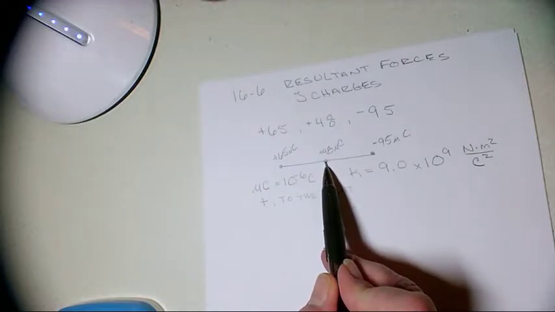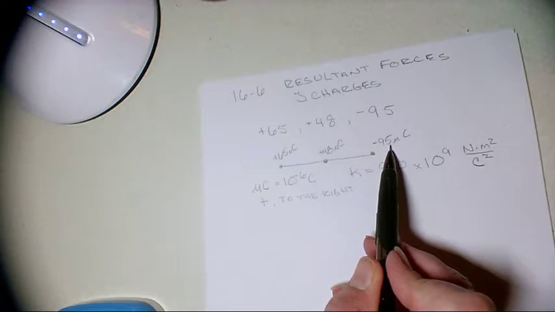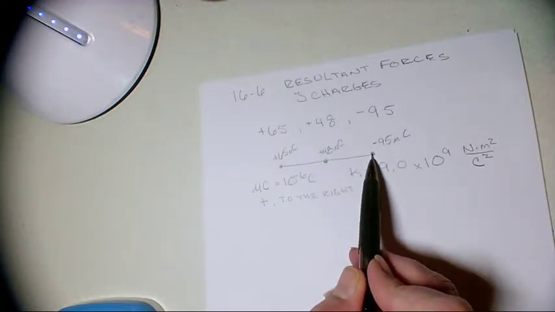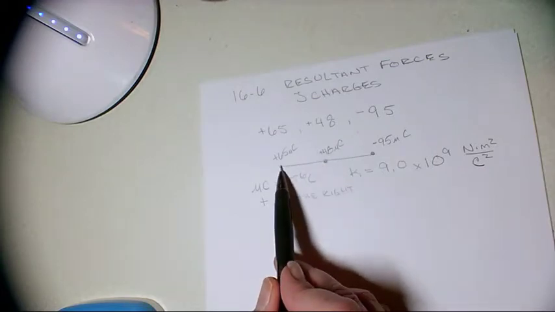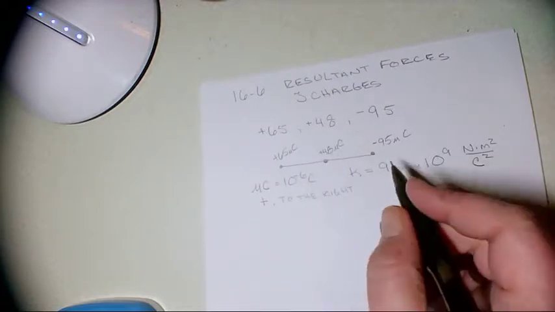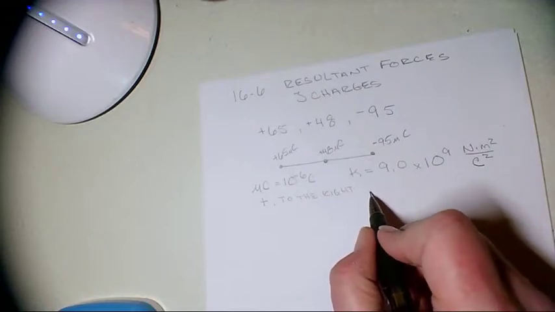This 48 microcoulomb charge has this 95 microcoulomb charge to the right of it. So that direction to the right I would call positive. To the left, toward the 65, would be a negative direction for that vector. That's all I'm doing there. This just defines for me what direction means what.